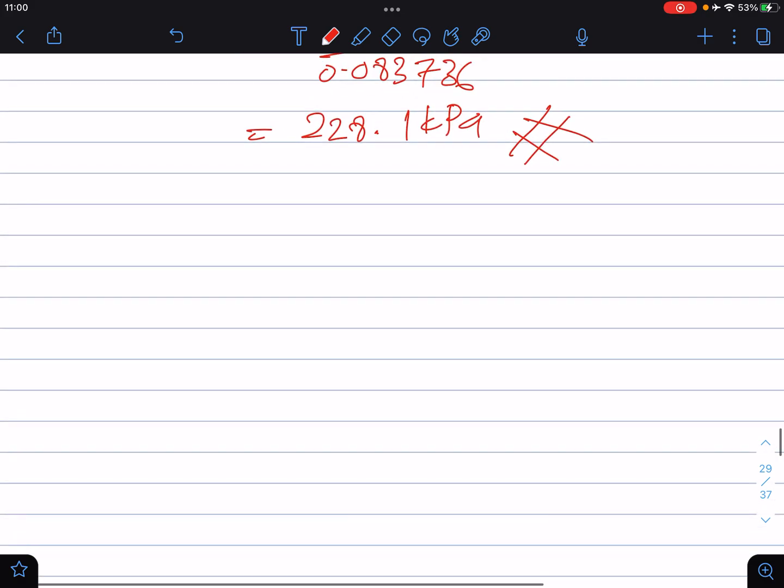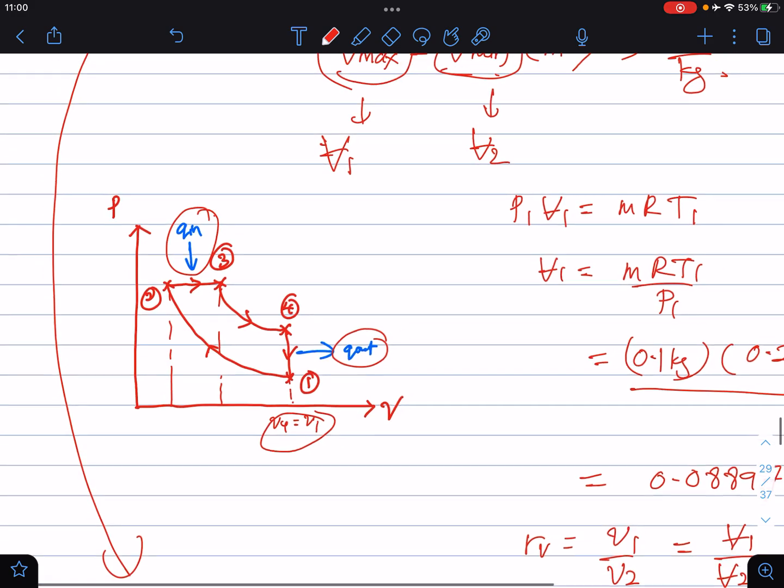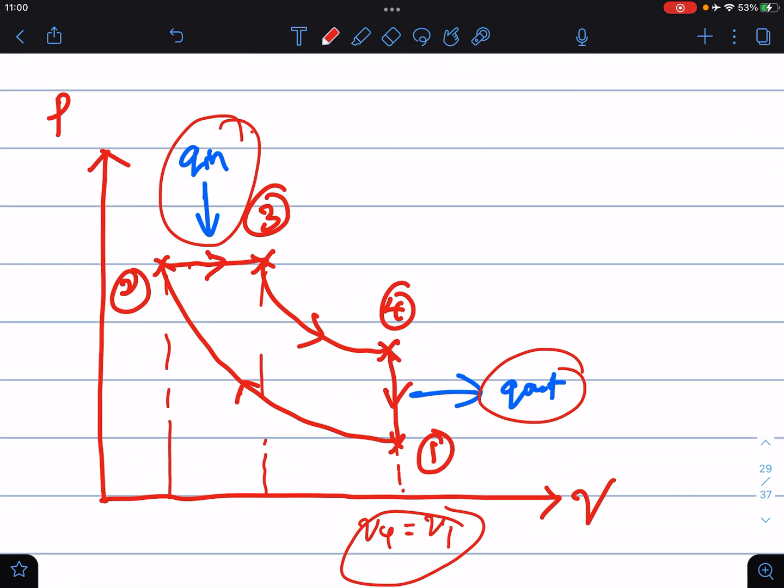So basically, if we want to illustrate this in your PV diagram here, the MEP basically is the area enclosed by this cycle.